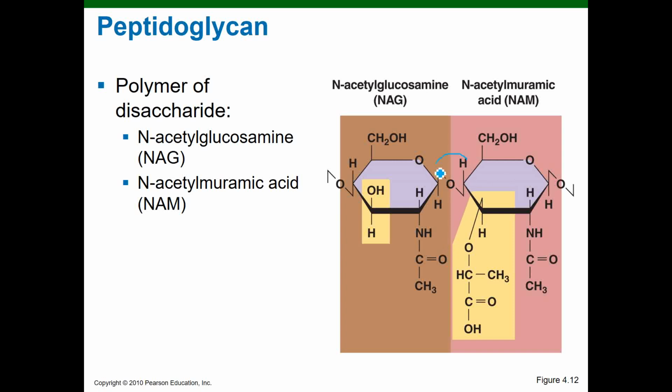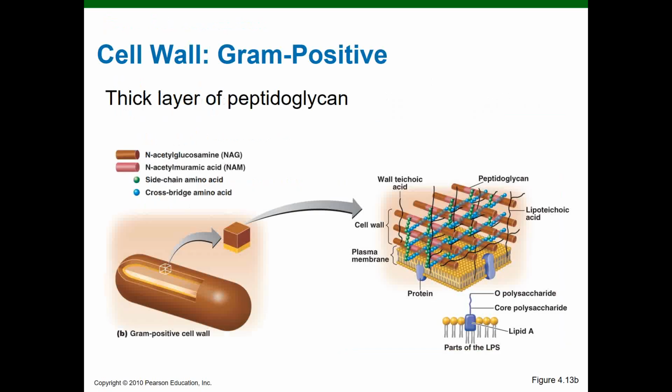And this bond right here can be a target for antibiotic activity, right? Because this building block of peptidoglycan is only made by bacteria, if I can prevent this assembly, that would only affect bacterial cells. Your cells should be fine because they're not making this molecule, and it turns out that's actually how penicillin works.